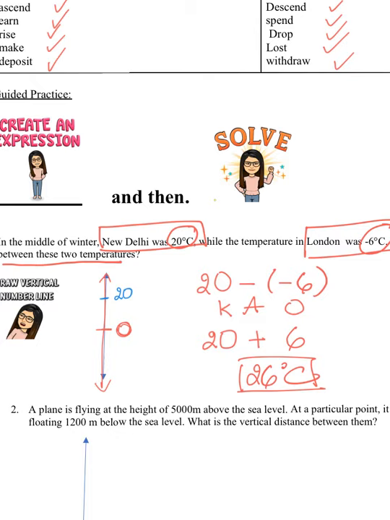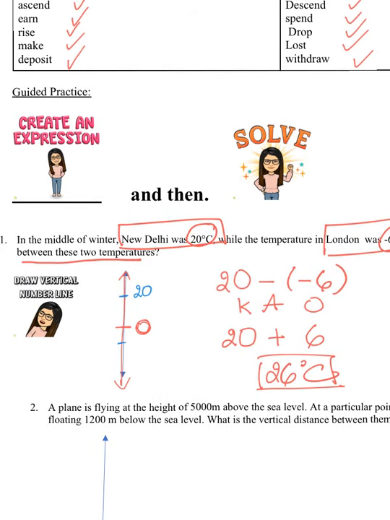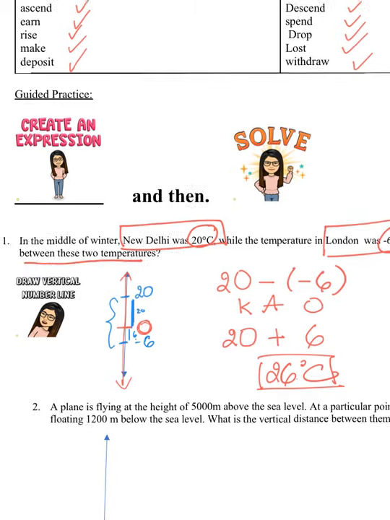London was -6, so -6 is about right here. Find the difference, so we subtract. As you can see, this is 20 units away from 0, and this is 6 units away from 0. So this is reasonable. 20 add 6 is 26. We got exactly the answer.